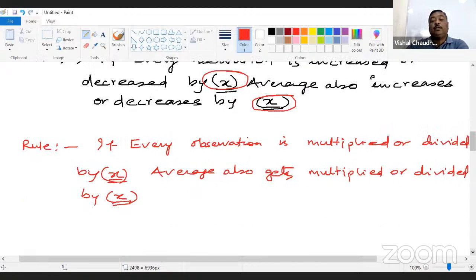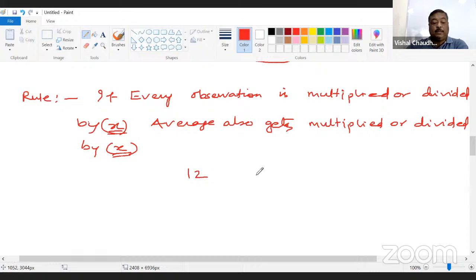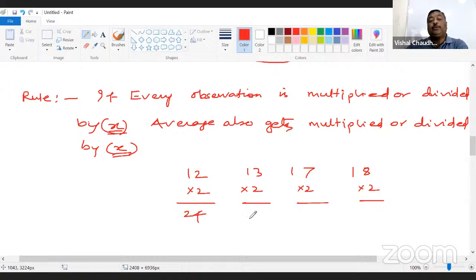And we can see, let's say I'm taking the same 12, 13, 17, 18. I am multiplying each observation by 2. What will it become? 24, 26, 34, 36. So understand, 24 plus 26 is 50, 50 plus 34 is 84, 84 plus 36 is 120. 120 by 4, and that is 30.